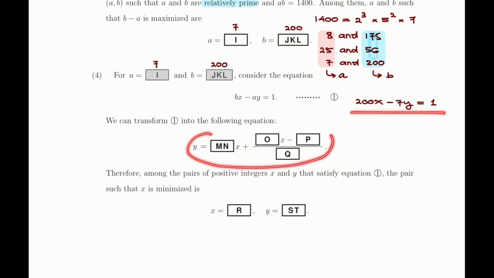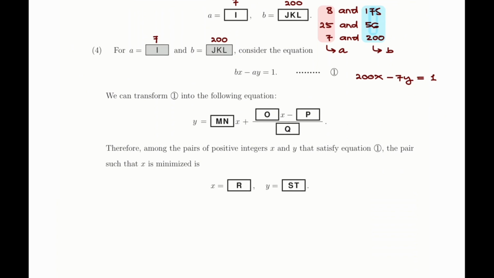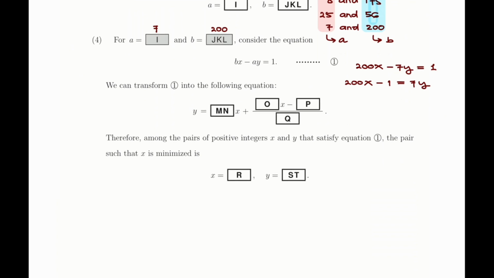We need to express y in terms of x. So I will move 7y to the other side and 1 to the left-hand side. Then I get 200x minus 1 equals 7y. That means 200x minus 1 over 7 equals y.